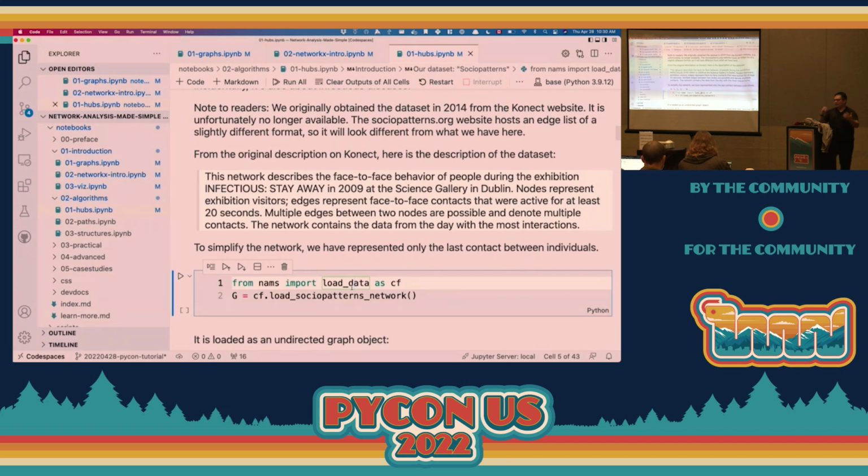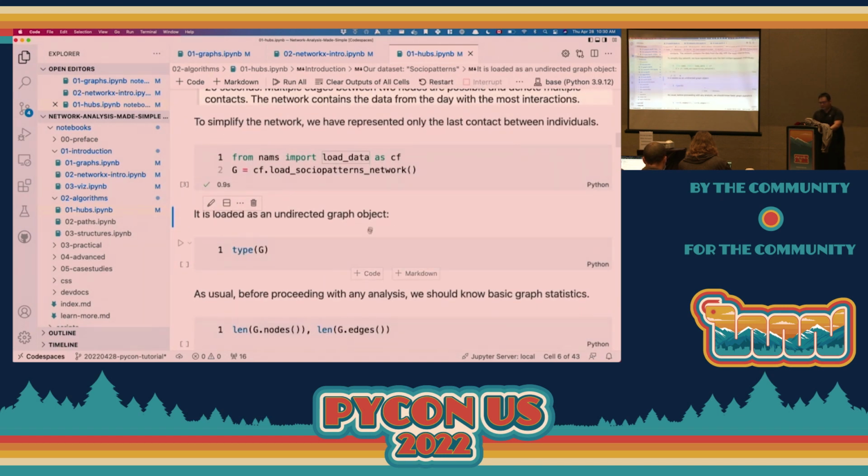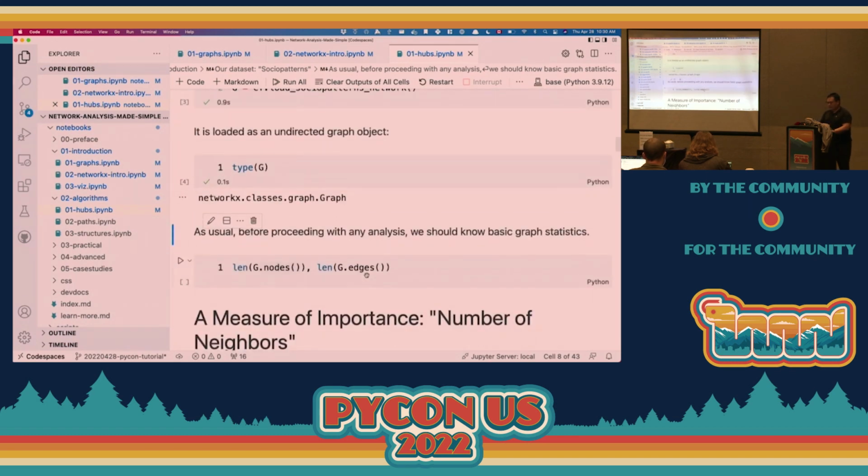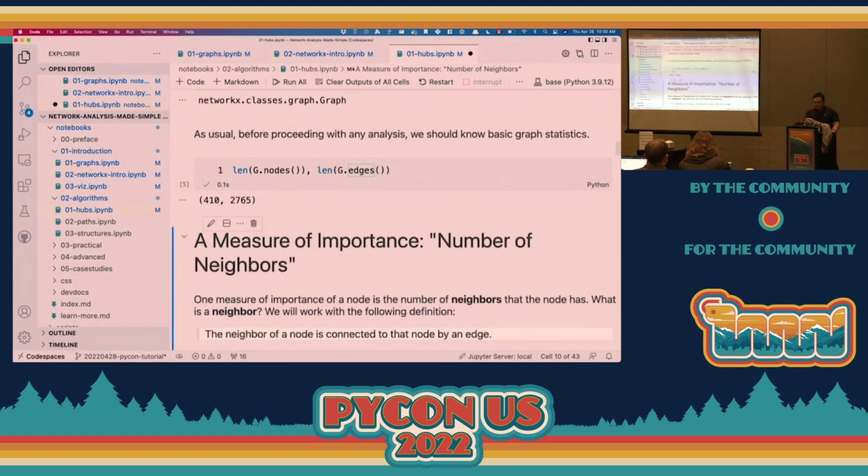It's an automatic bidirectional. So let's go ahead and run this cell down here. We can also verify that this graph is an undirected graph. It is implemented as an undirected graph, so we never have to worry about the directionality when we access graph edge information. And as always, when you get a graph object, make sure you know how many nodes and edges are present.